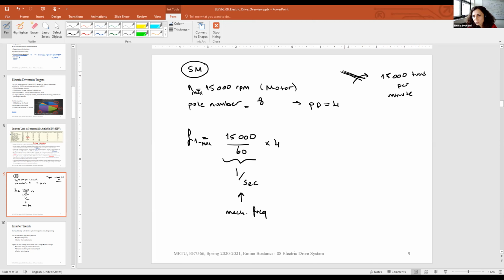This is what we see from the shaft of the electric machine. Of course, we need to calculate the frequency over 1/second. We cannot use the minute value. So we need to divide it by 60 so that we can get the mechanical frequency in 1/seconds, which is the definition of the hertz.